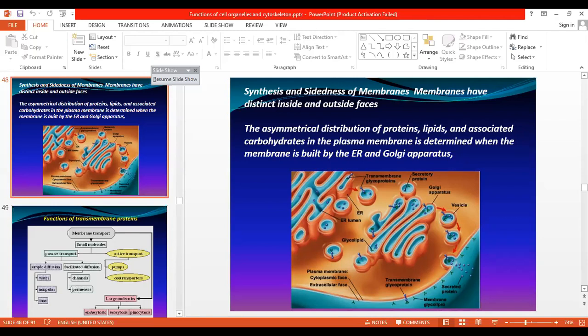Some substances from inside the cell have to go outside, waste products, some enzymes, some hormones. They cannot go through the bilayer. The bilayer is not permeable to all substances. Small molecules and lipid soluble substances can cross the bilayer. So you need molecules which can transport across the membrane.